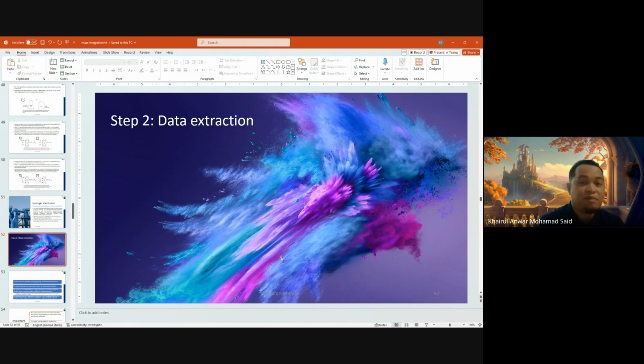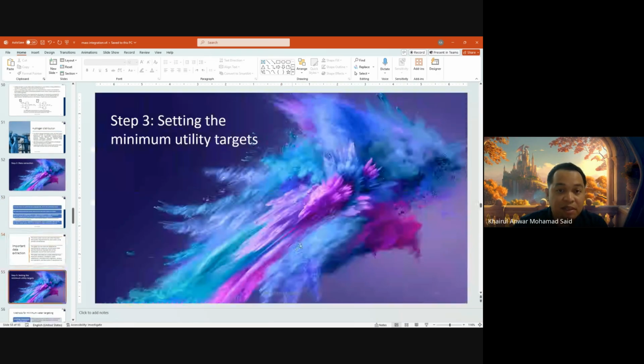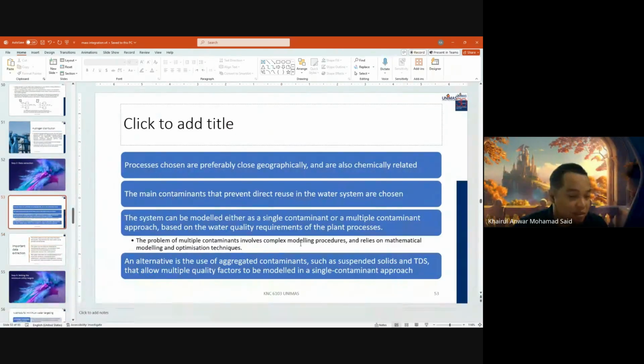So for step two, the data extraction. Once the mass network is audited, next we extract the limiting water data. This means identifying every water sink or demand requiring water.